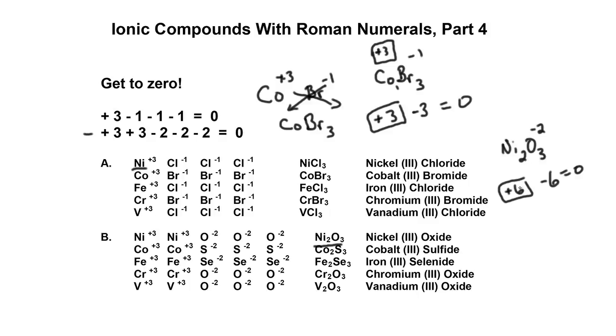Something times 2 is a +6. That's a +3. You know that you're talking about nickel(III) oxide. We could also have cobalt(III) sulfide, iron(III) selenide, chromium(III) oxide, and vanadium(III) oxide.